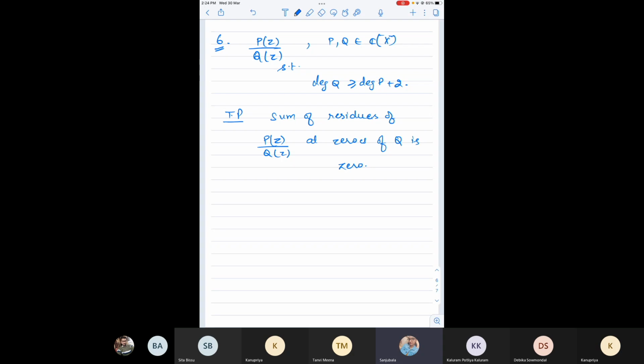By the argument principle. How will you apply the argument principle? First of all, you have to choose some curve where you can integrate, so that this residue thing comes into the picture. Make sense? Yes or no?